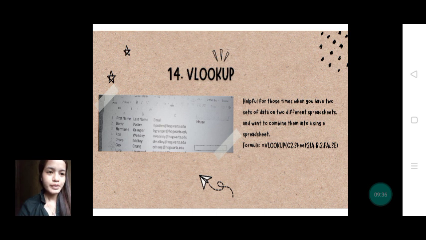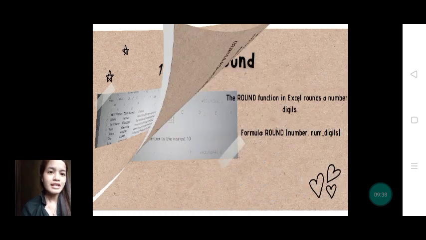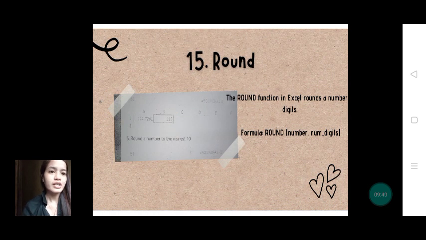So let's proceed to the last one, the ROUND function. The ROUND function in Excel rounds a number to a specified number of digits. Look at this picture.